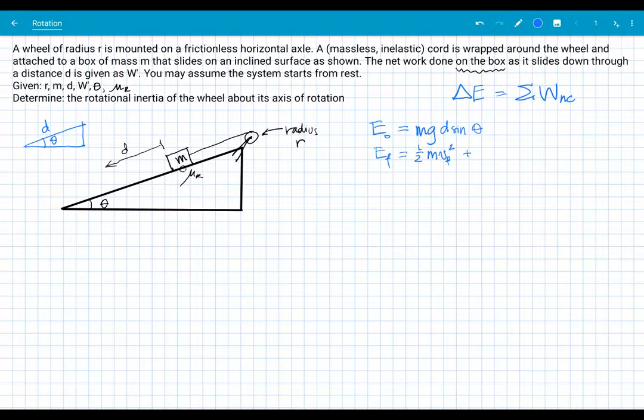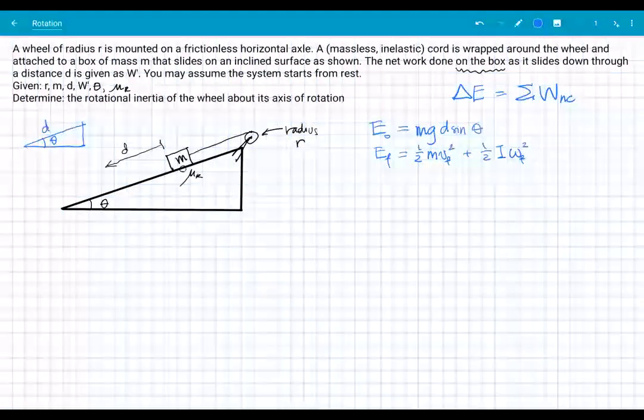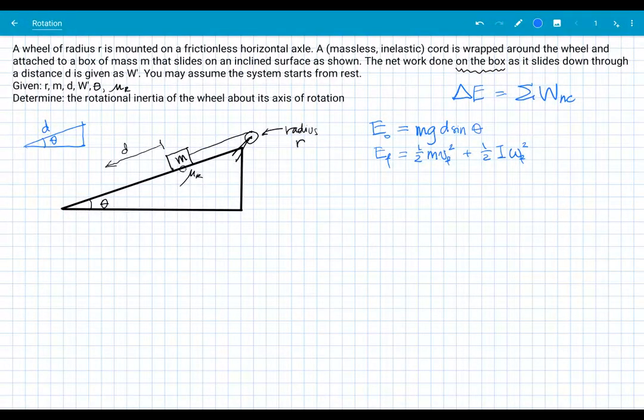And then the rotational kinetic energy of the pulley wheel, which is going to be 1/2 multiplied by its moment of inertia I, which is the thing I'm after, times omega final squared. That's just the equation for rotational kinetic energy, where in place of mass I have moment of inertia, and in place of linear speed I have angular speed. Those are the energies I have after we've descended through that distance d.